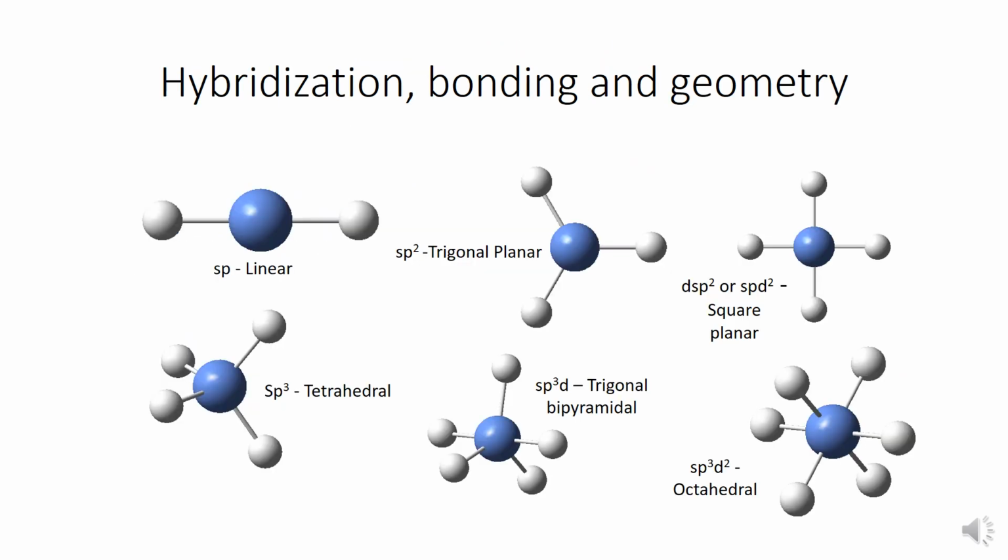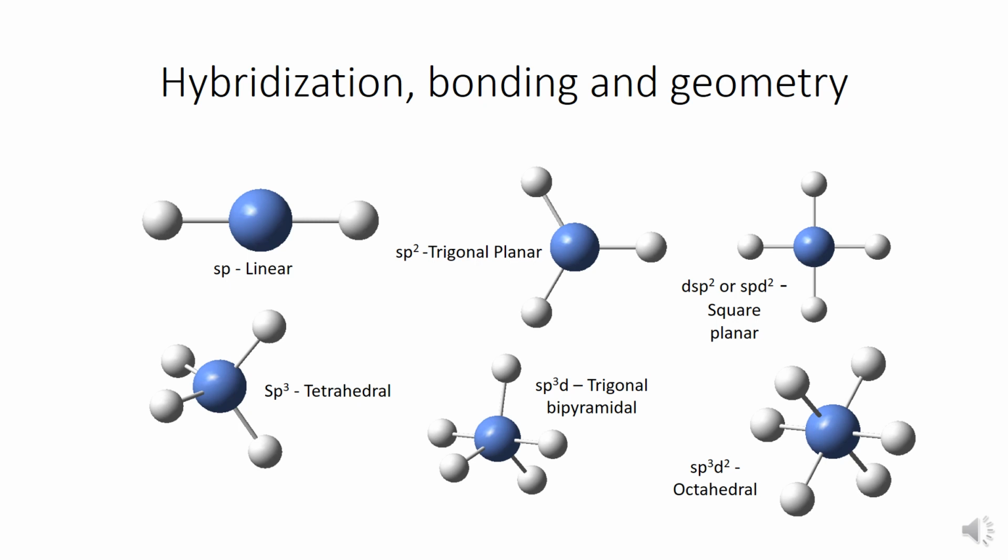Further on, we want to look at different hybridizations and their resultant bonding geometry. If an atom has an sp, s and p only used in bonding, as you can see in the first structure up there, the blue and the two white are linked up by two bonds, and you can clearly see that it is linear in nature.